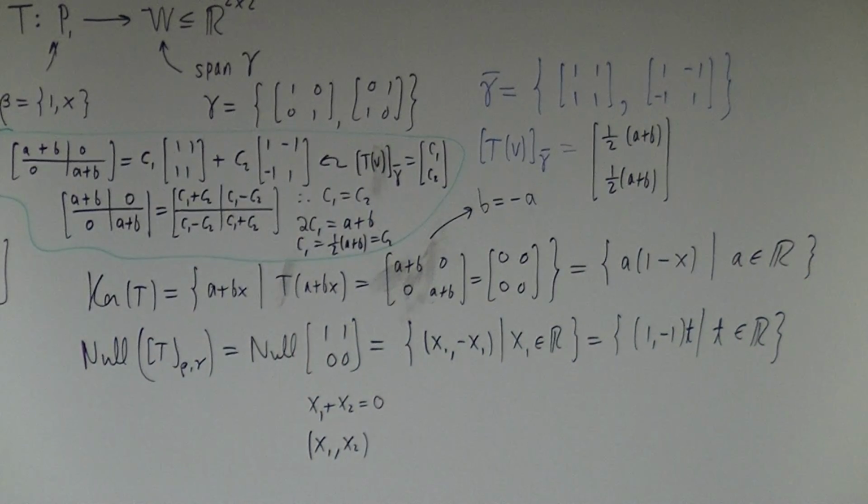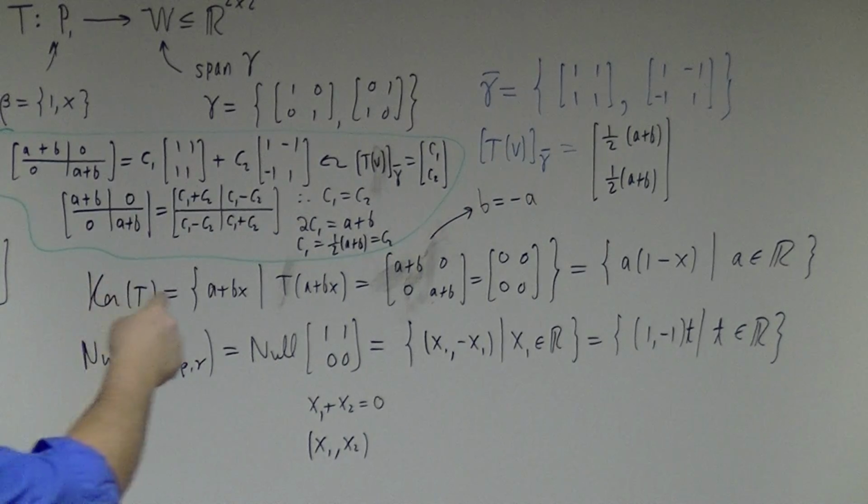So I'm going to go back here now. To keep things simple, I'm not going to change the basis in the domain. So I changed the basis in the range to gamma bar. So what's over here now?